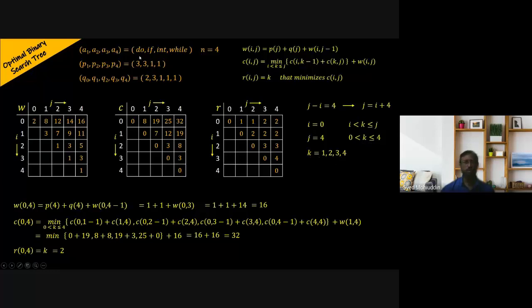That is all 4 A1, A2, A3, A4 elements are considered. And we have to find which K value is going to give us the minimum cost. Now we substitute in the equation, and here we can find that K with value 2 is giving us the cost value as the least one.